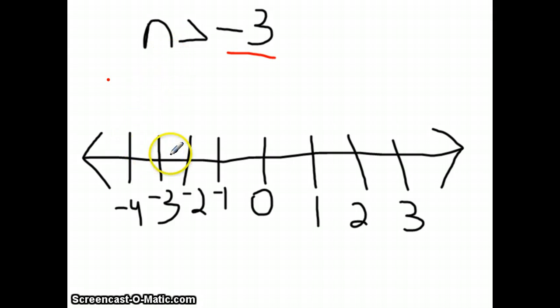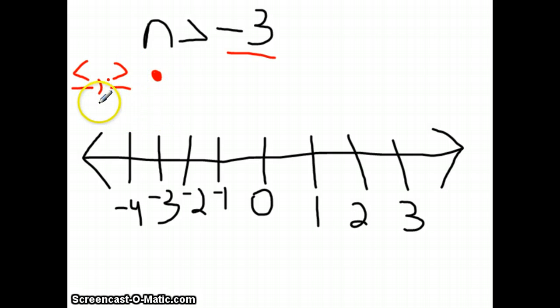So there has to be a way we can make this a little bit different than our greater than or equal to sign. Instead of drawing our filled in dot like we did for the greater than or equal to, and we also would do that if we had a less than or equal to, so we always fill in our dot.